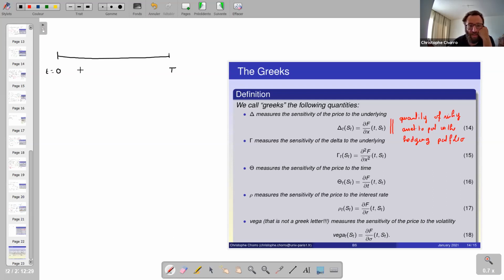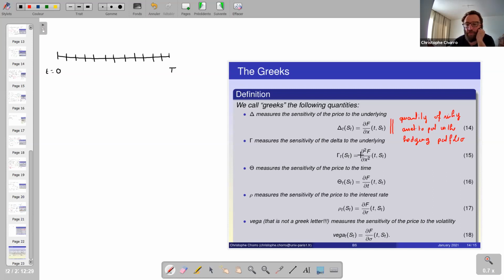So in general, if you want to hedge in real life, you have to consider a discretization of your period, and say that I will readjust my portfolio at these discretization dates, because I can't do things in continuous time. So let's try to do them in a discrete way. And this is the interest of the gamma here, because what is the gamma?